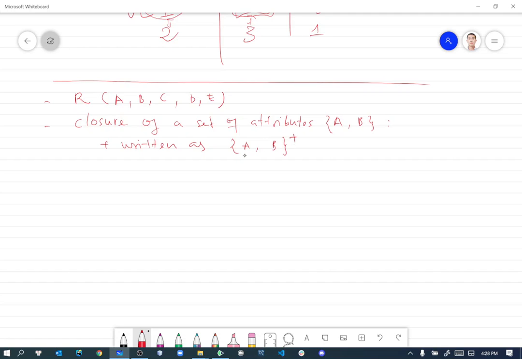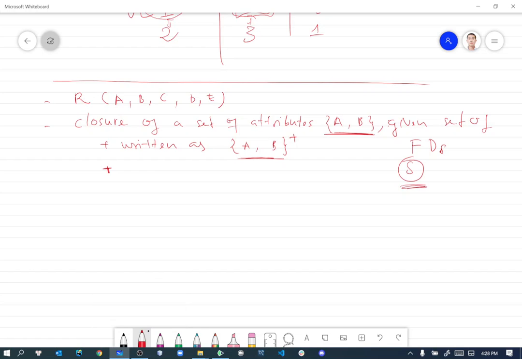So this is the closure of the set of attributes A, B, given a set of functional dependencies S.